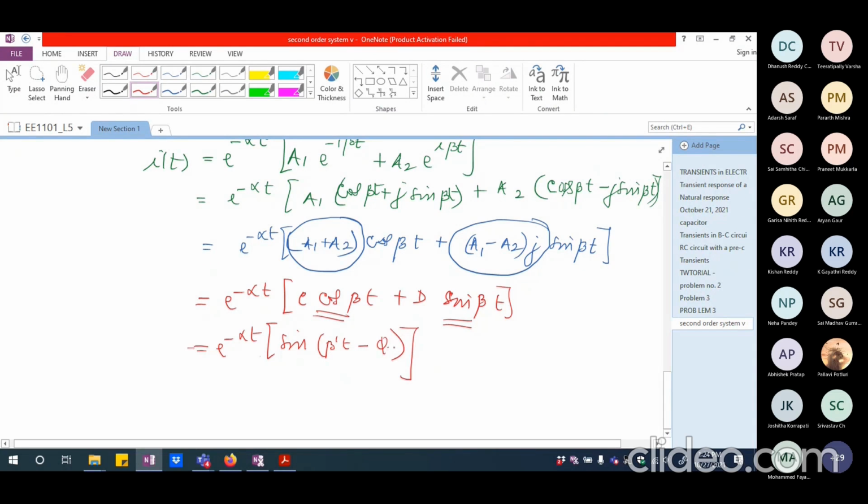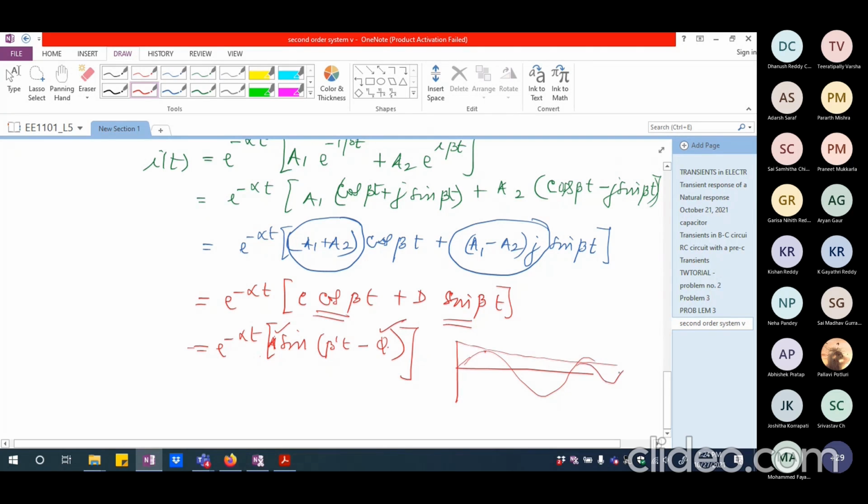Whatever this phi is can also be ultimately inferred from the initial condition. I have to put some other constant here, A or something like that. So there are two constants here. Please note this is one constant, this is another constant. So this particular thing is going to have a sinusoidal or cosinusoidal response, but with the peak slowly decaying.